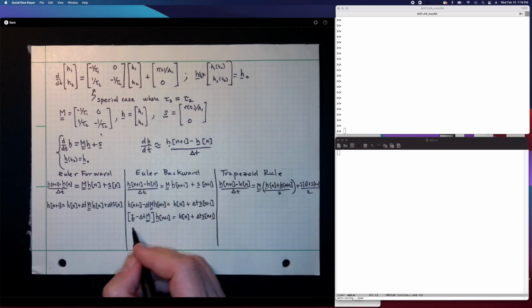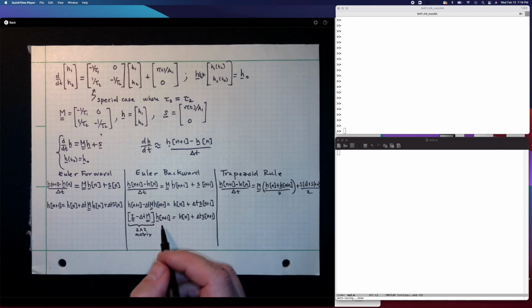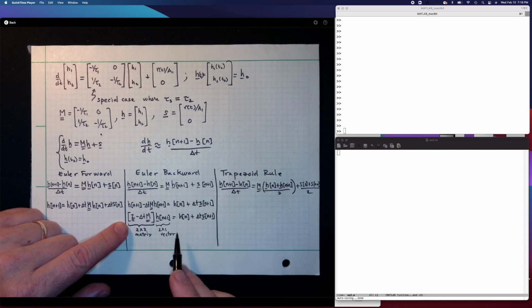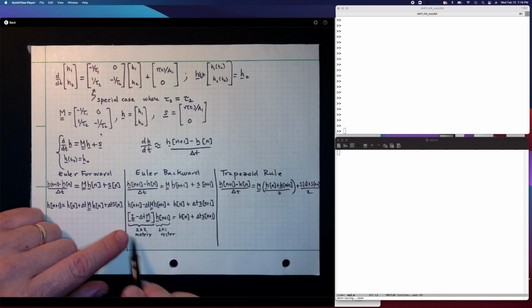Now this is a 2 by 2 matrix, and this is a 2 by 1 vector, right? And the state has two unknowns. So this corresponds to two equations and two unknowns. So the Euler backward scheme involves solving a linear system of equations at every time step.